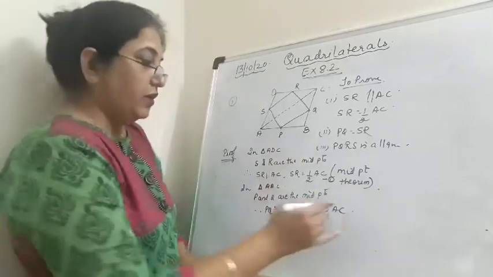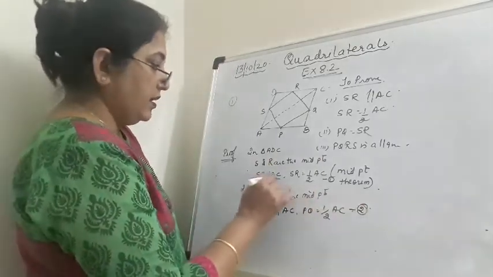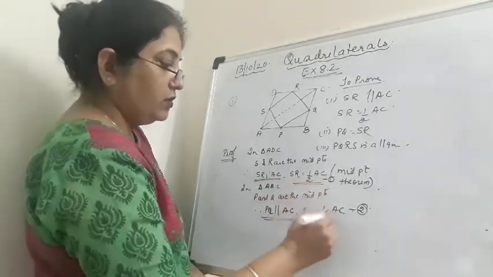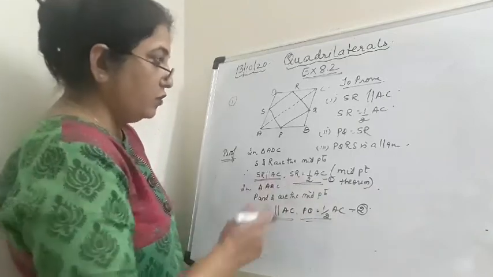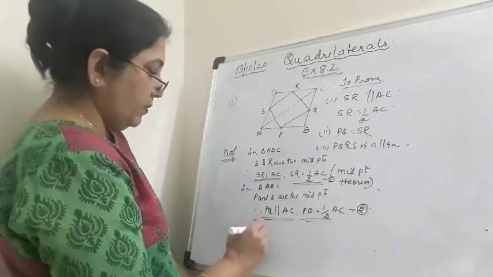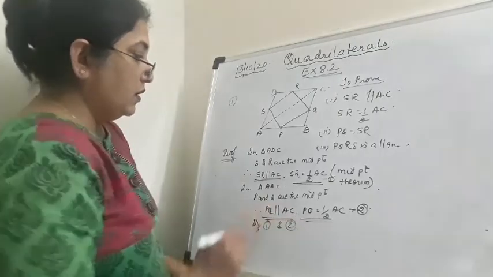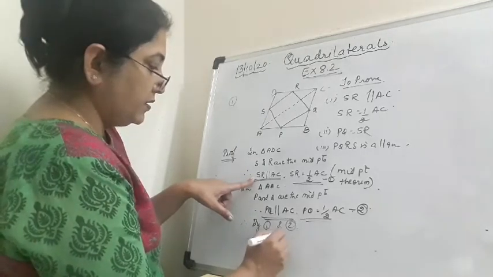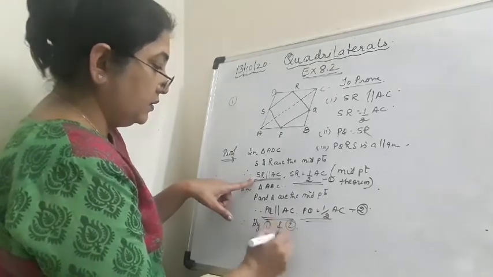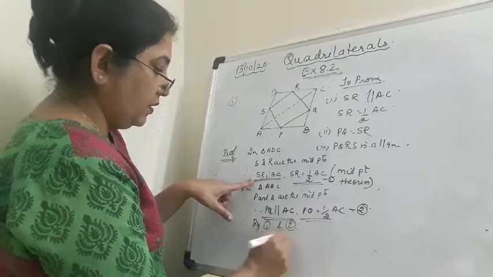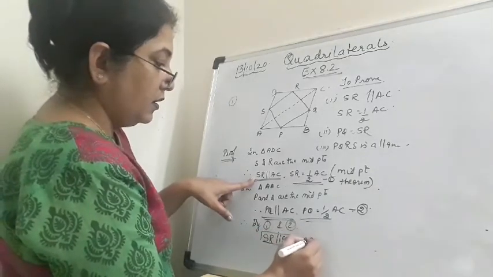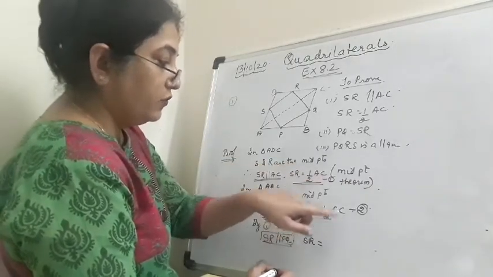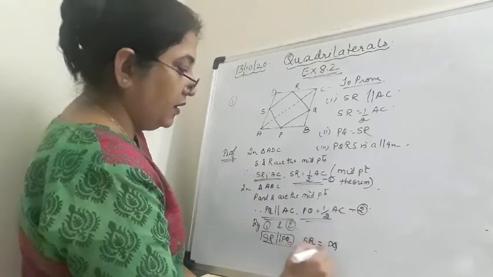Now when you compare these two, SR is parallel to AC, PQ is parallel to AC, SR is half of AC, PQ is half of AC. So by 1 and 2 we can write SR is parallel to PQ, and SR is equal to PQ.